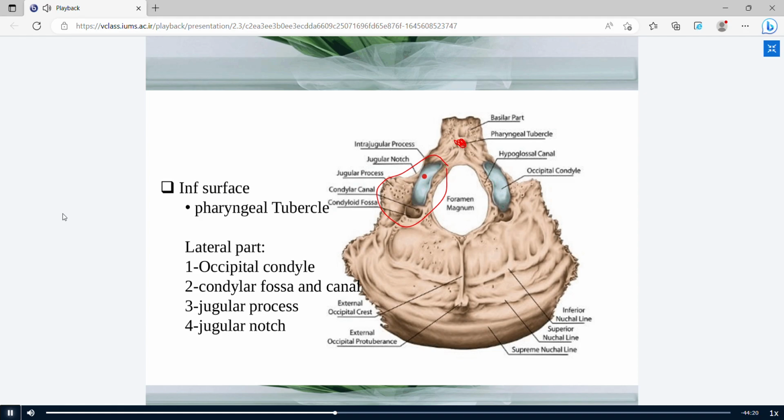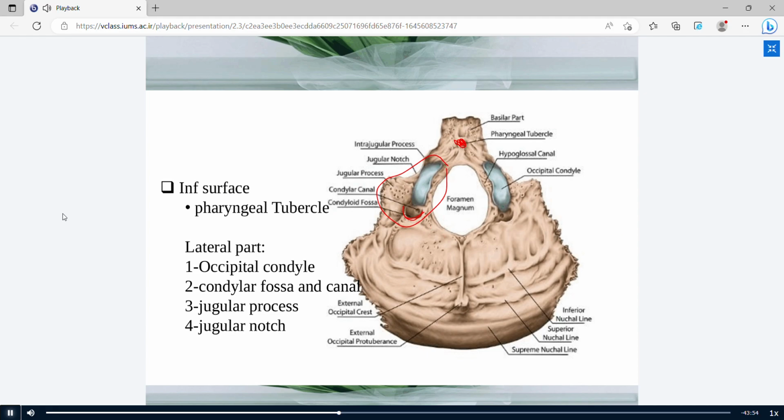Posterior to the occipital condyle, there is a fossa, the condylar fossa, and inside the fossa, you can see a condylar canal. This is the condylar canal.